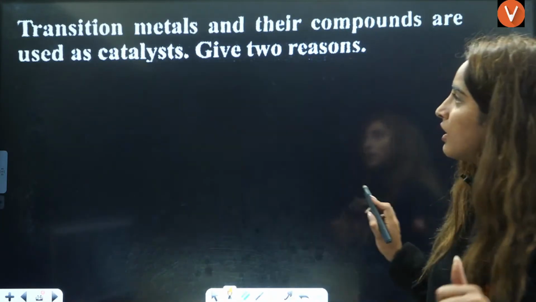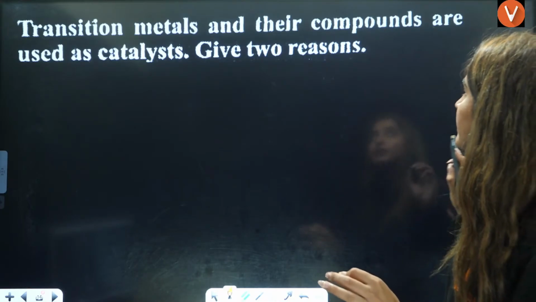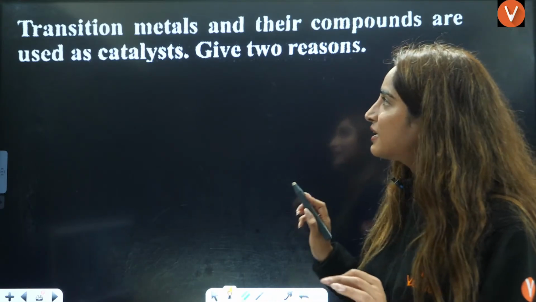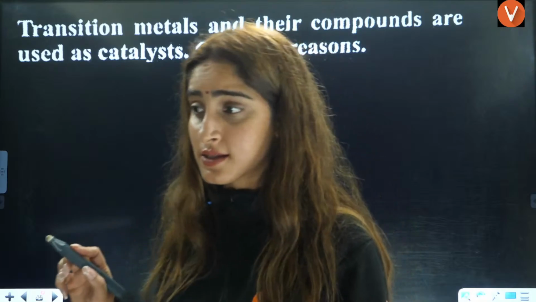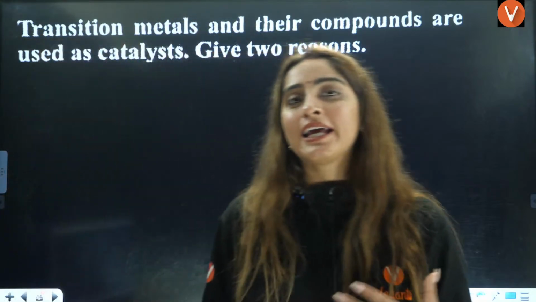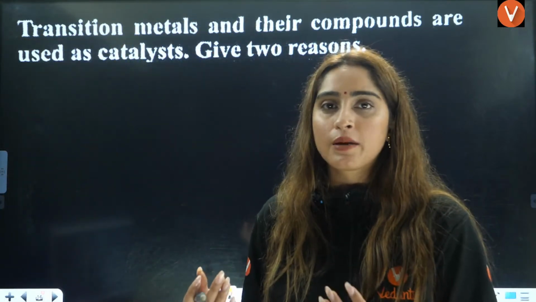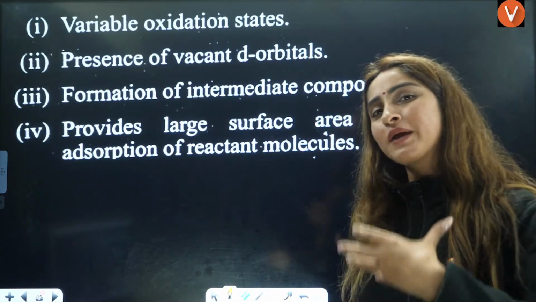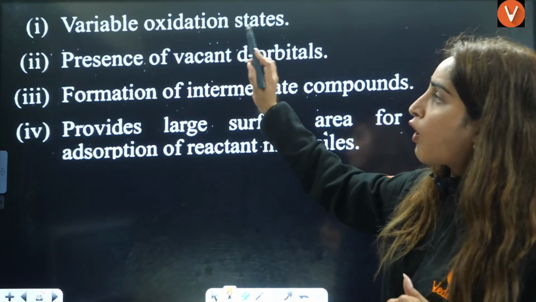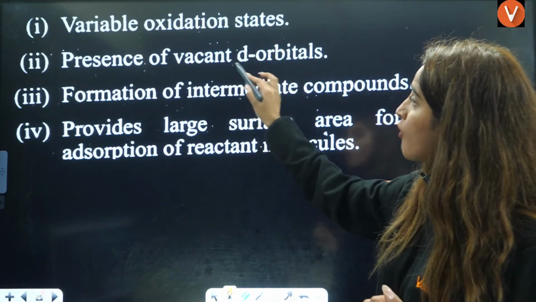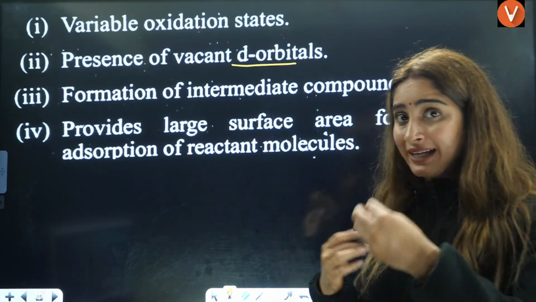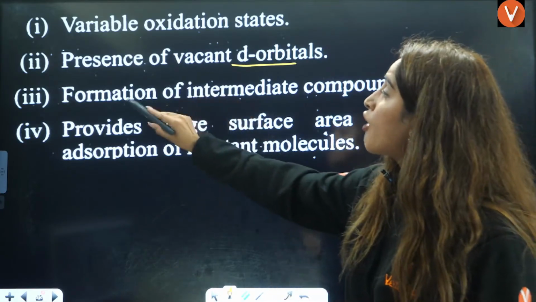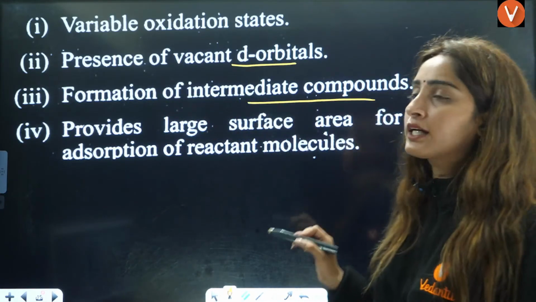Next is, transition metals and their compounds are used as catalysts. Give 2 reasons. From the d and f block, theory-based questions are repeatedly asked, right? The reason it is used as a catalyst is variable oxidation state, presence of vacant d orbitals, that is why it can vary the oxidation states, and formation of intermediate compounds.